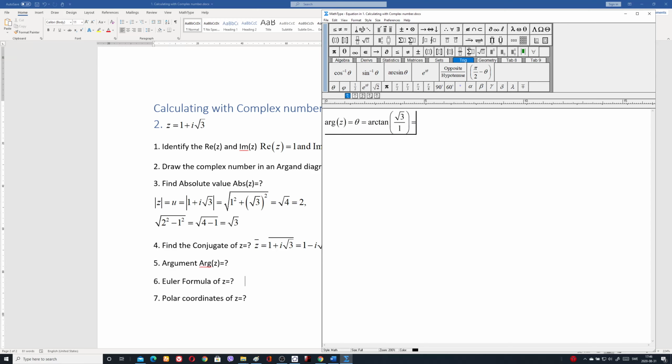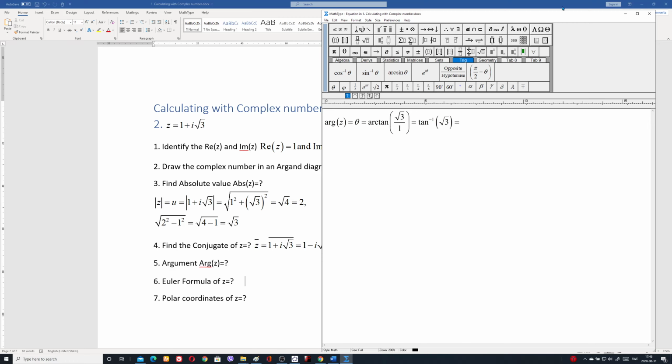Tangent inverse, which is the same like tangent inverse of square root of 3, because square root of 3 divided by 1 is square root of 3.